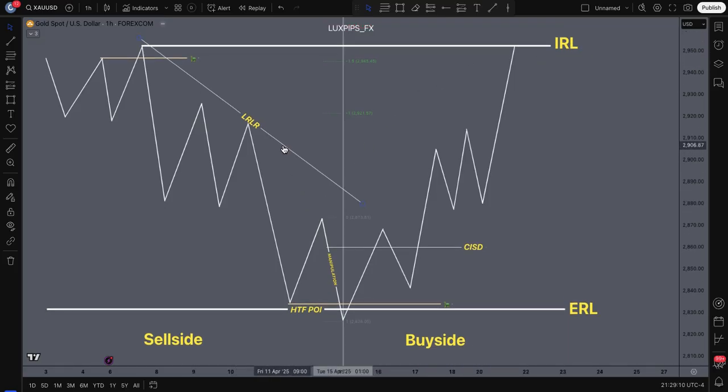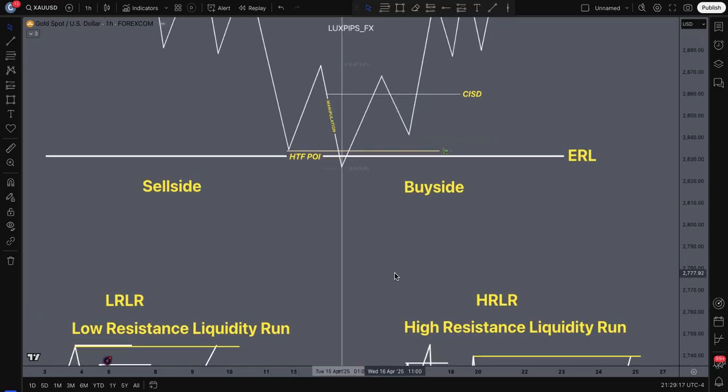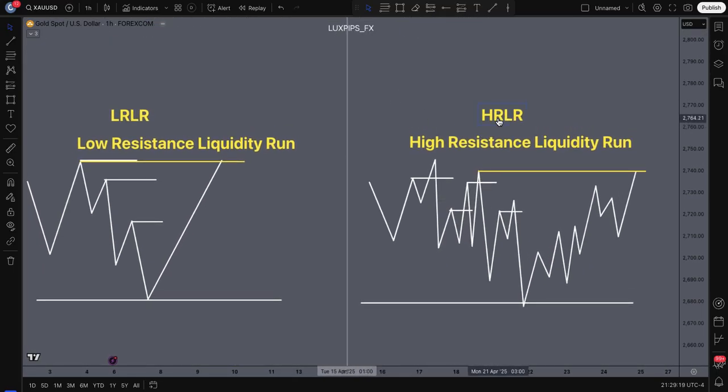So now we know what LRLR is. And you mostly want to look for that in your trades. If you see an HRLR, all you need to do is just go down a little bit on your lot size. Maybe extend your stop loss a little bigger than what you're normally used to. And just let it ride out. With low resistance liquidity run, you can stay on your screen, have a nice stop loss, and make sure it keeps going your way.